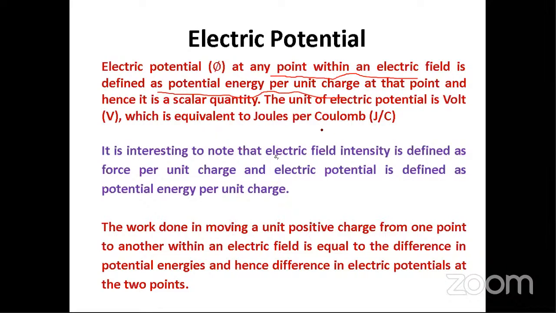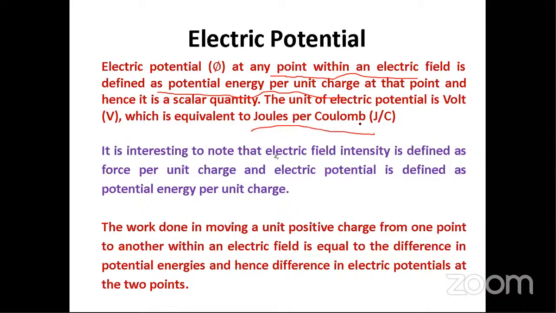And electric field intensity is a vector quantity, but electric potential is a scalar quantity. And why the electric potential is a scalar quantity, we'll discuss these things in the next slide. And the unit of electric potential is volt, all of you know, which is equivalent to joules per coulomb.